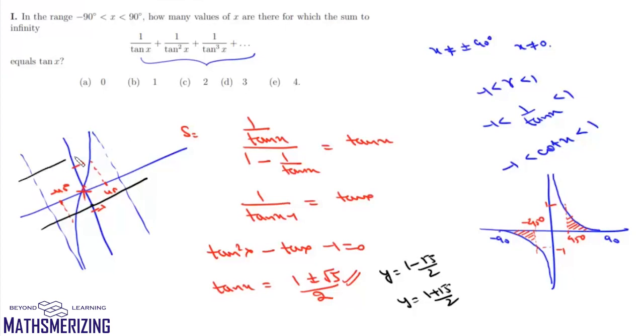So we'll draw a graph at y = (1 + √5)/2. It intersects the graph of tan x in the region 45 degrees to 90 degrees. So there is only one solution to this equation. So the answer to this question is option number B.